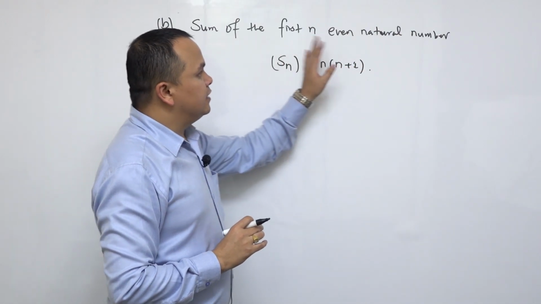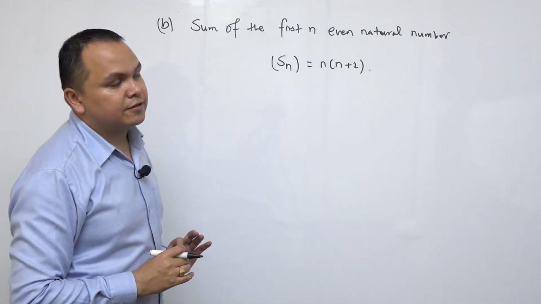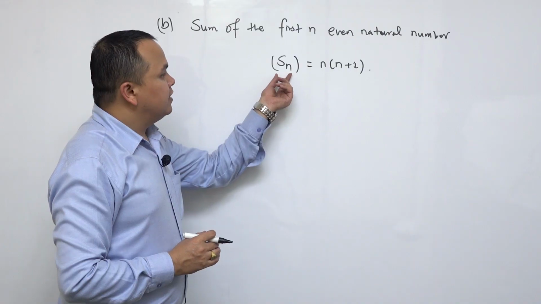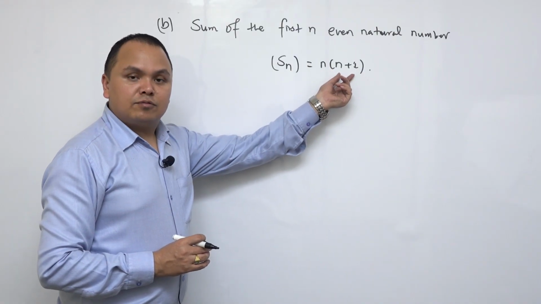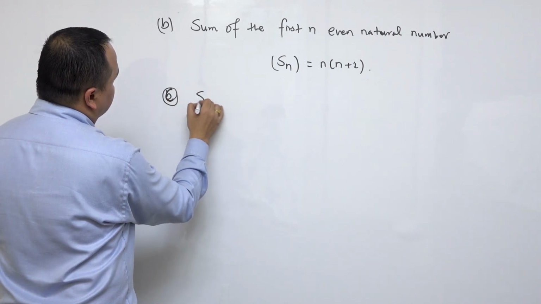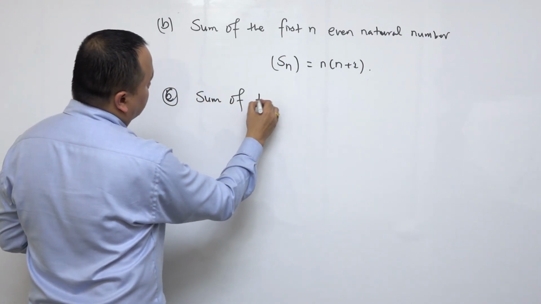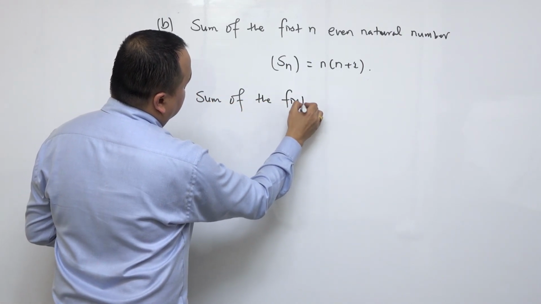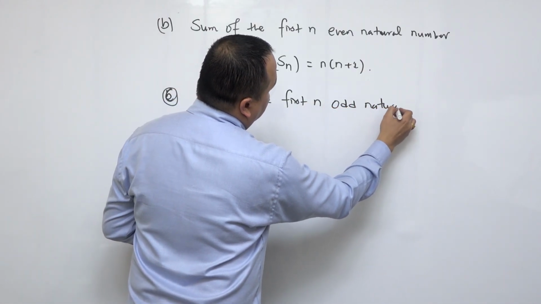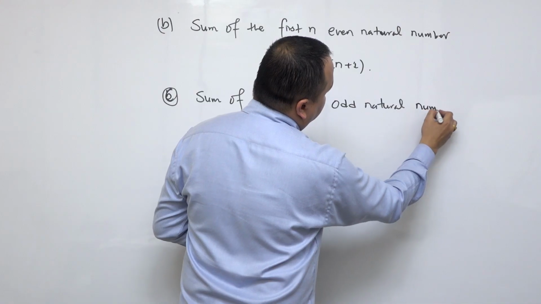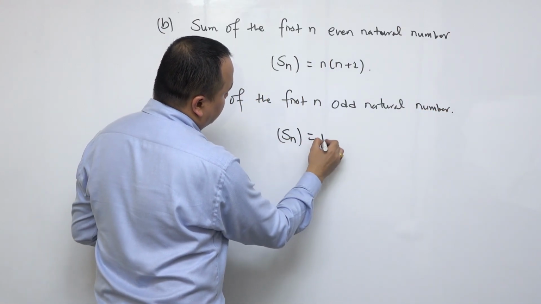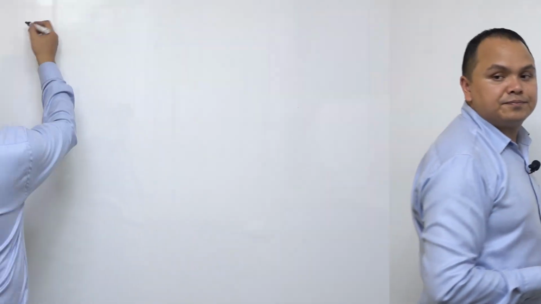The formula for the sum of the first n even natural numbers is n times n plus 1. The sum of the first n odd natural numbers, the formula is n square.